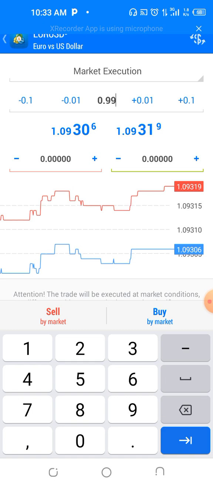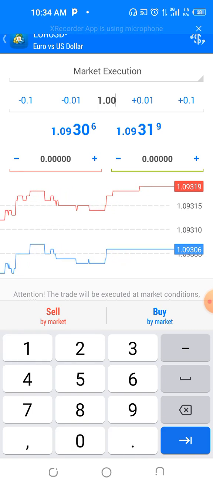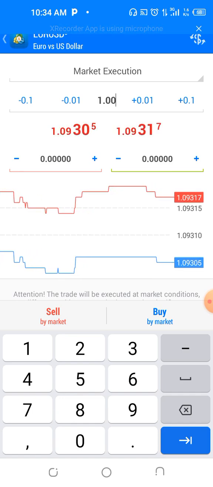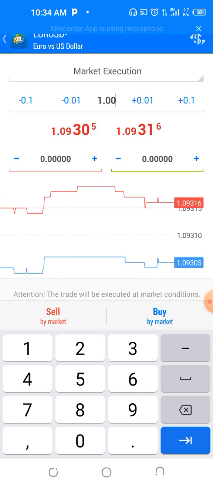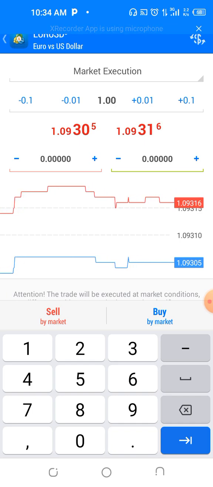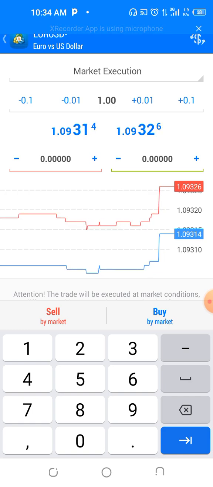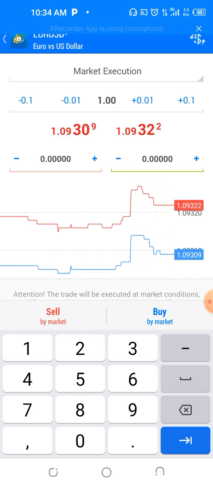And then from here, the next one is 1.0 and above. Now, 1.0 is a standard lot size, which represents $10 per pip. The same interpretation I made in the other ones goes for 1.0.